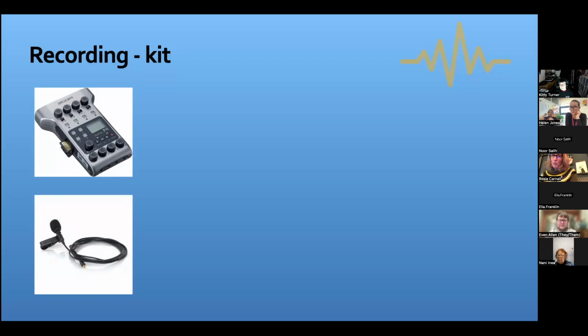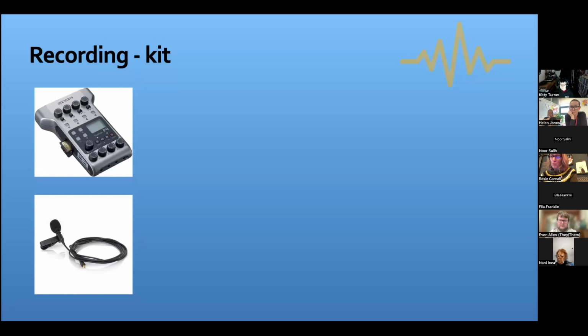So, firstly, there is a kit with a Zoom P4 pod track and 4 lapel mics. Now, this is super easy to use. It's got a level control, so the amount of input coming in for each channel. It's got 4 headphone outputs, each with their own independent volume, and it's got 4 assignable sample pads, should you wish to play in sound effects or other samples live whilst recording.